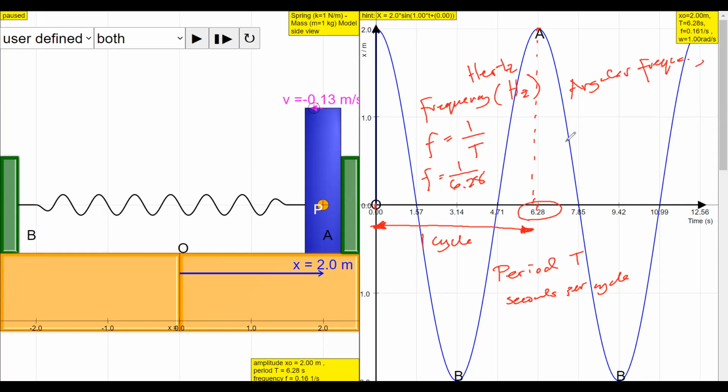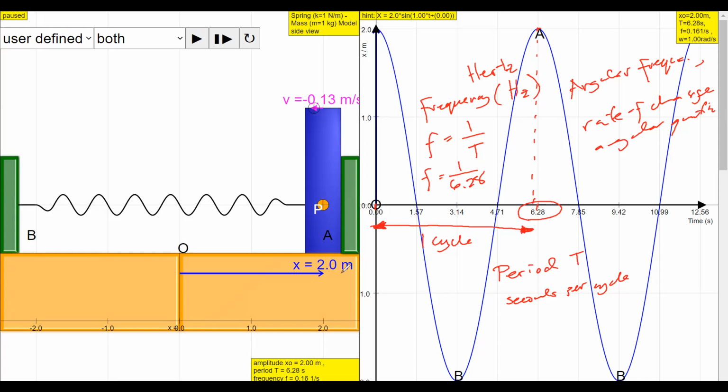Angular frequency is the rate of change of an angular quantity, meaning how many radians of angle it takes within a second, or how fast the angle of our periodic motion changes in measure of time.